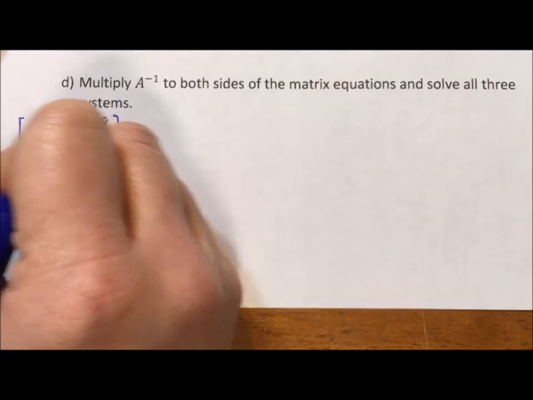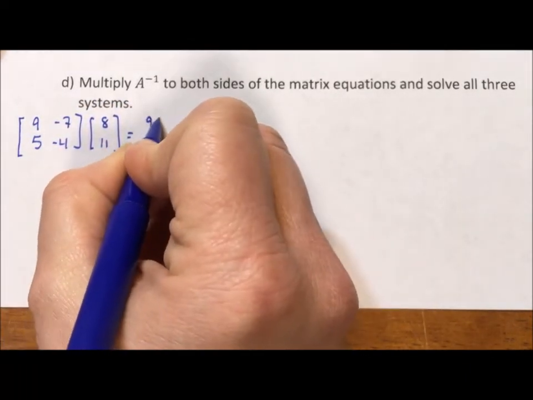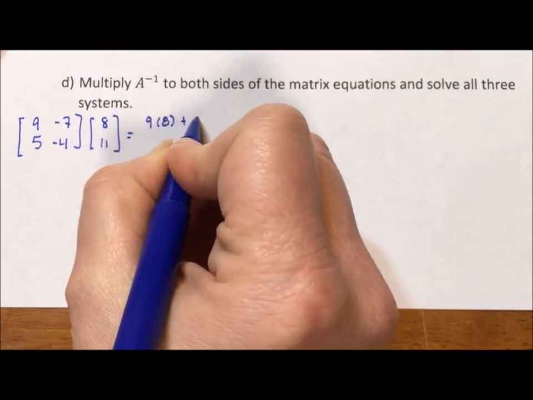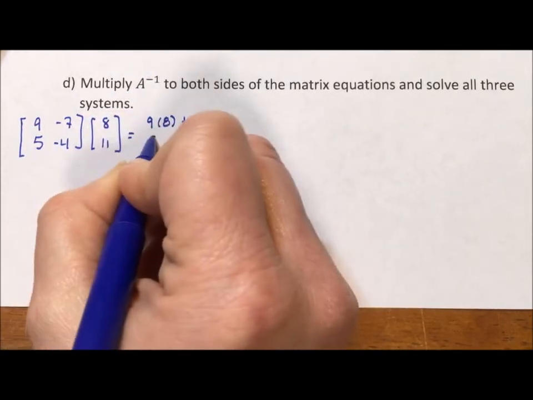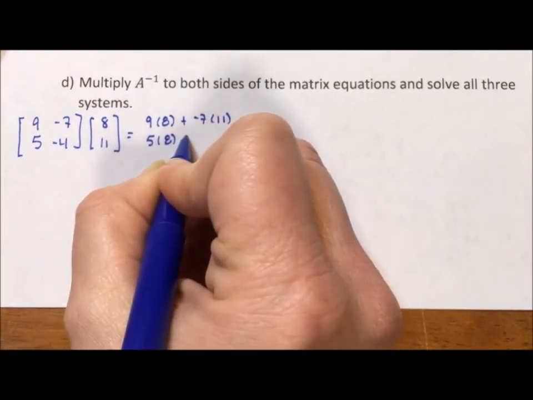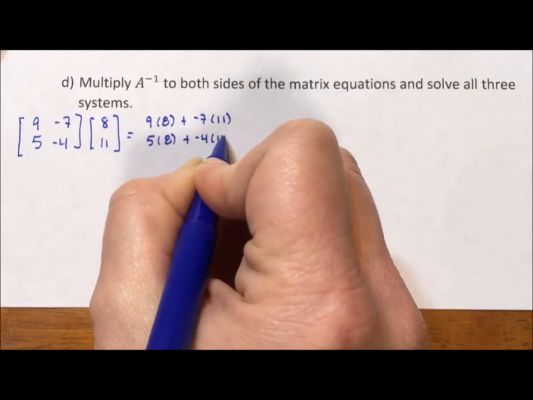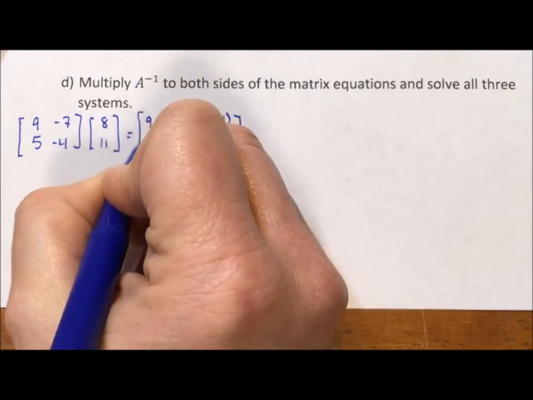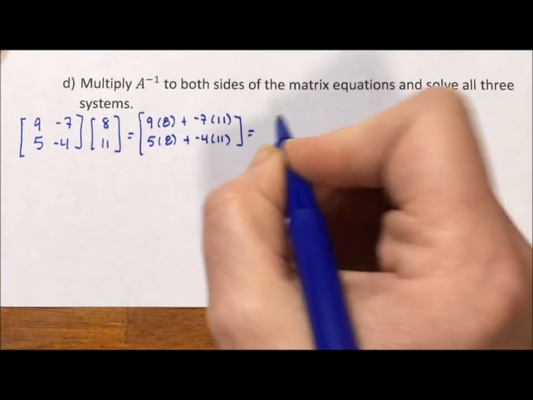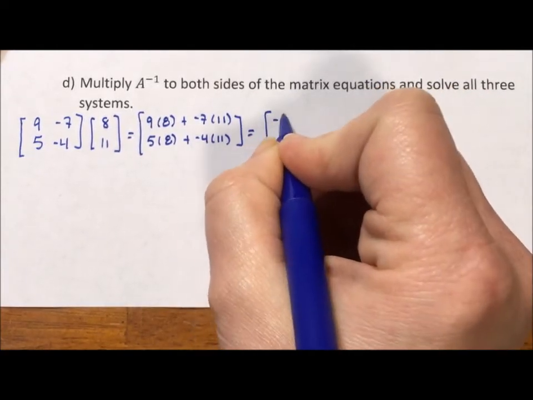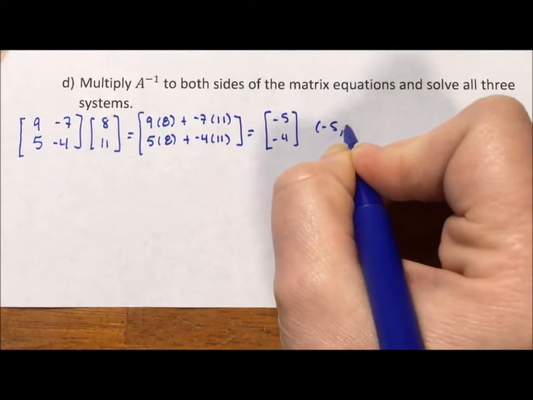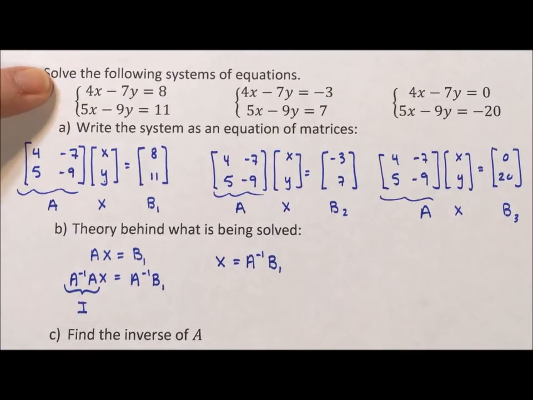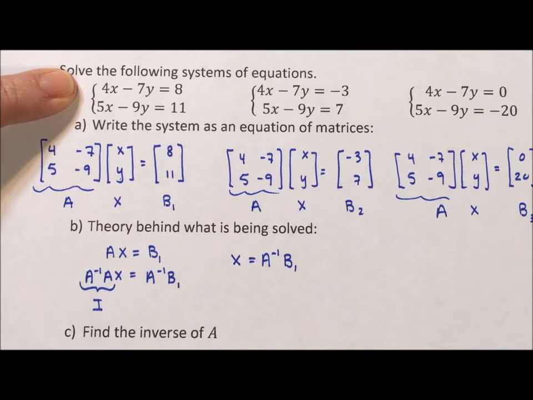Remember, you go across and down, so 9 times 8 plus -7 times 11, then 5 times 8 plus -4 times 11. This is going to equal -5 and -4, which means the solution to this system right here is -5, -4.